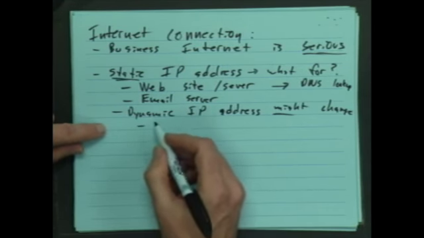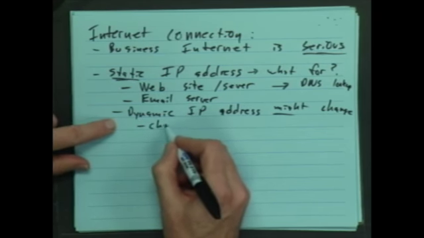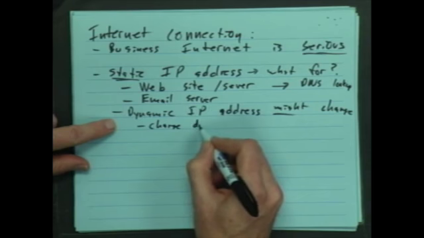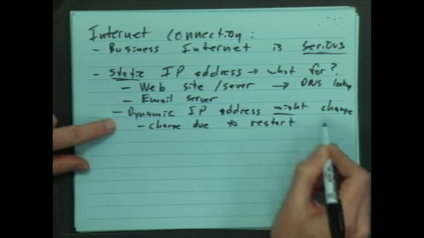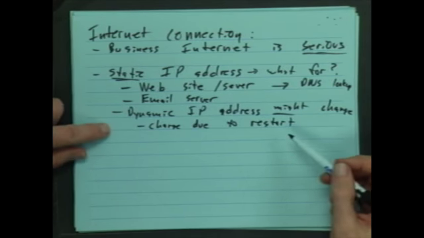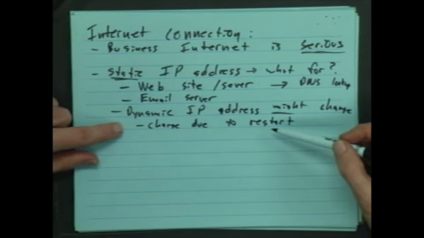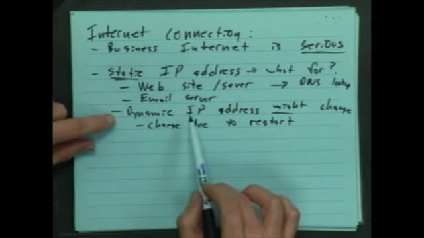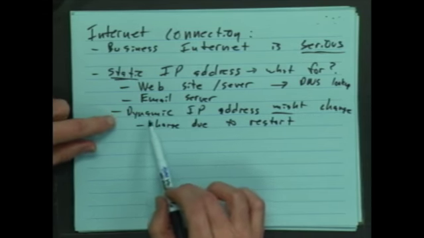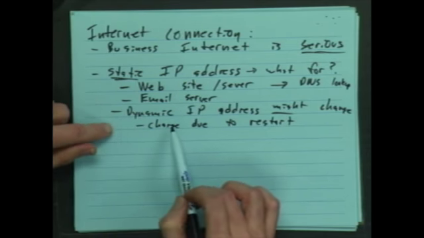But it doesn't change that often, and the reason it will change is usually when you restart. So if something gets frozen, for example, if I've gotten a dynamic IP address and my computer that had that dynamic IP address freezes, when I go to connect again, the place I get the IP address from won't know the other IP address was free. And so it will give me a new IP address.